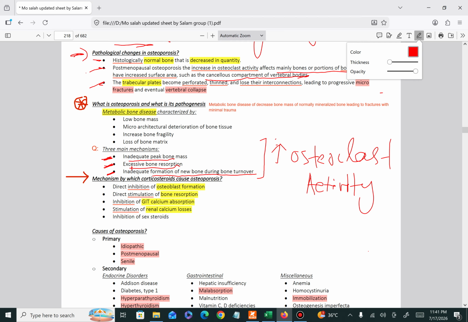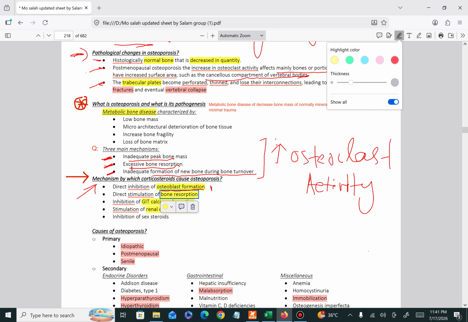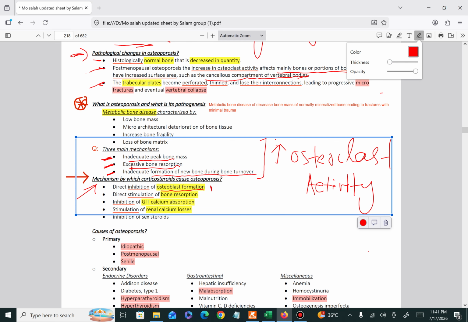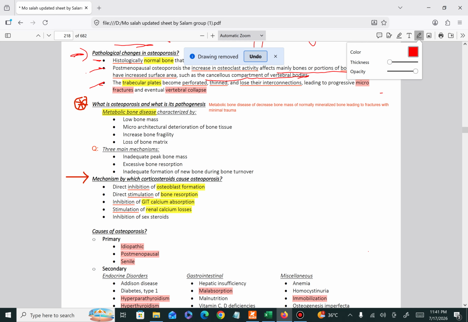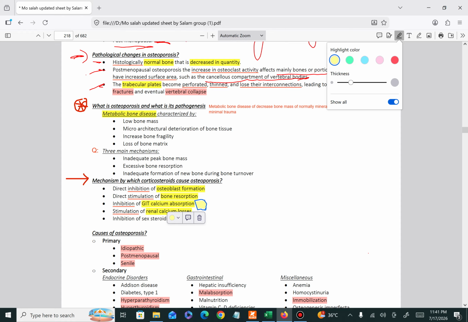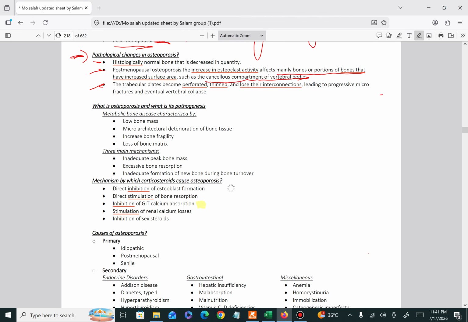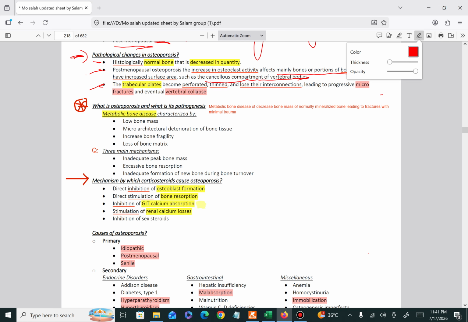Then the mechanism by which corticosteroid causes osteoporosis. There are many mechanisms. The first is direct inhibition of osteoblast formation, direct stimulation of bone resorption, then inhibition of GIT calcium absorption, then stimulation of renal calcium losses and inhibition of sex steroids.